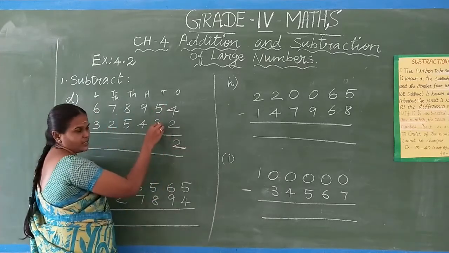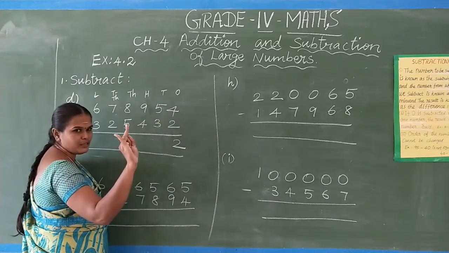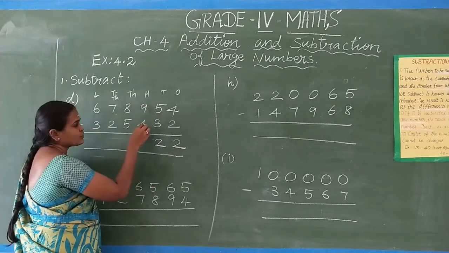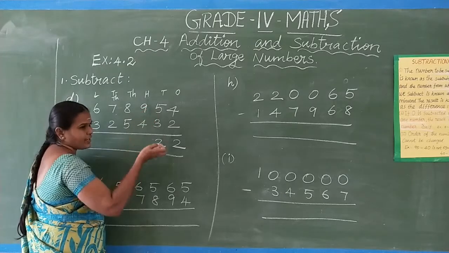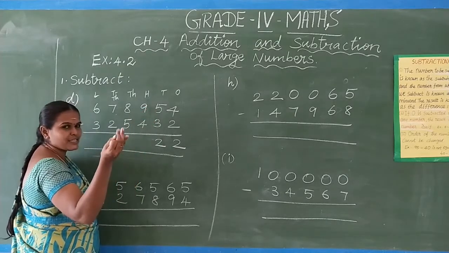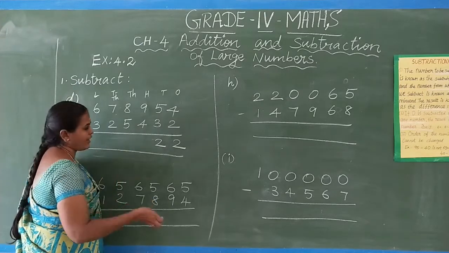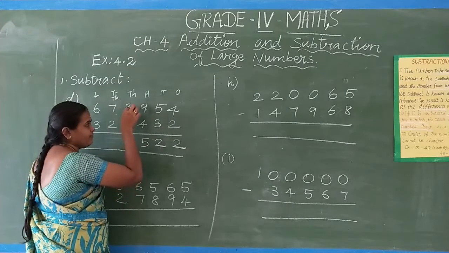5 minus 3. 3 after 4, 5. So answer 2. 9 minus 4. So this 4 is subtracted from 9. So 4 after 5, 6, 7, 8, 9. So what is the answer? 5. Here 5 is subtracted from 8.